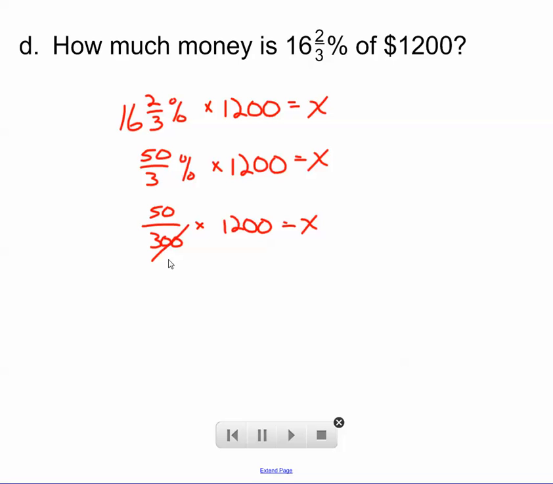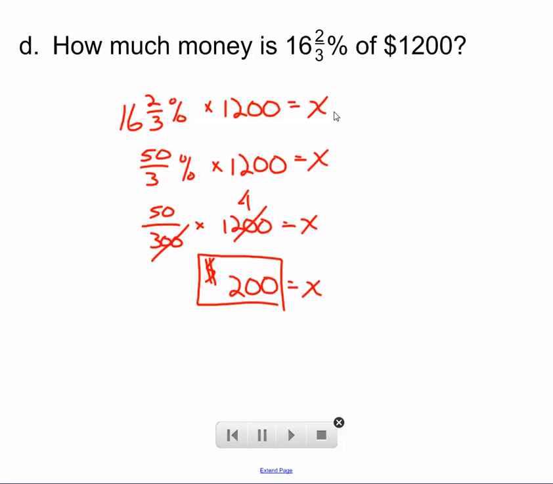Dividing it by 100% is the same as multiplying it by 1/100th. So 50/3 percent is the same as 50 over 300. And then I can do some easy simplifying here. 300 goes into 1200 4 times, and 50 times 4 is 200. So 16 2/3% of $1,200 is $200.